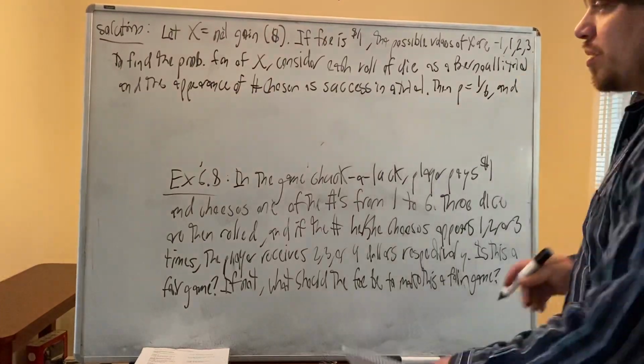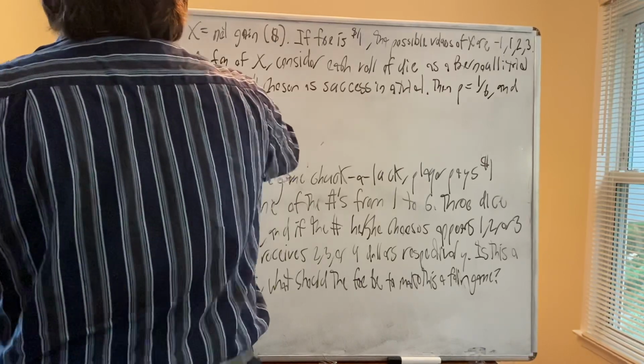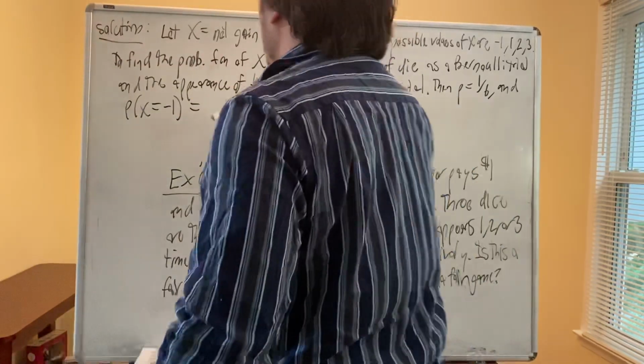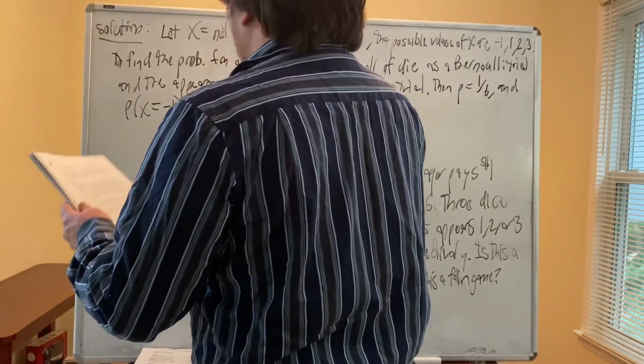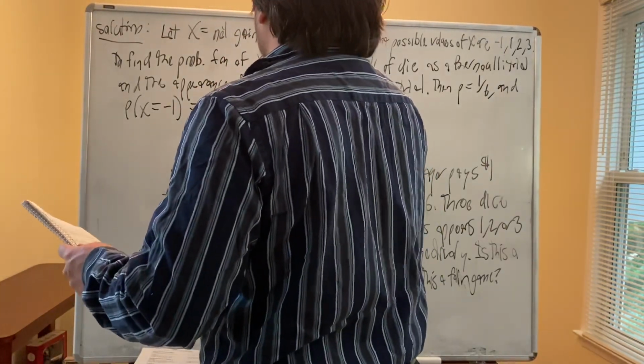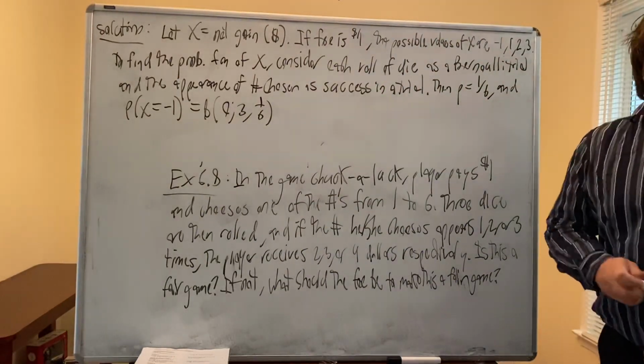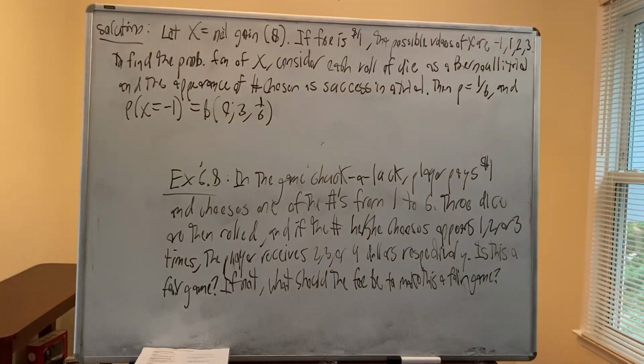And now calculating the probabilities of X. The probability that X, the net gain, is -1 would be the binomial probability where you have 0 successes out of 3 trials, where the probability of success is 1/6. Okay, so let me explain that again.